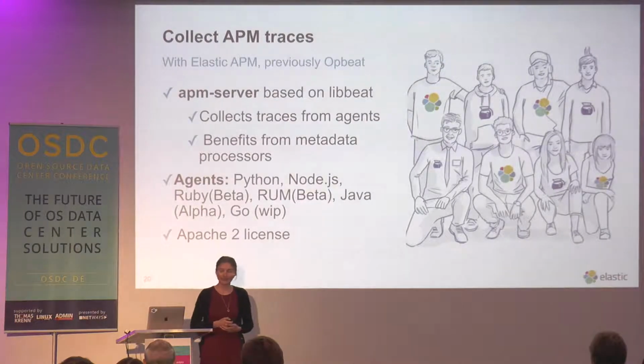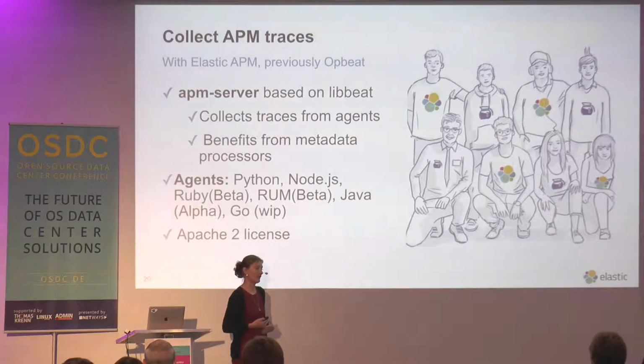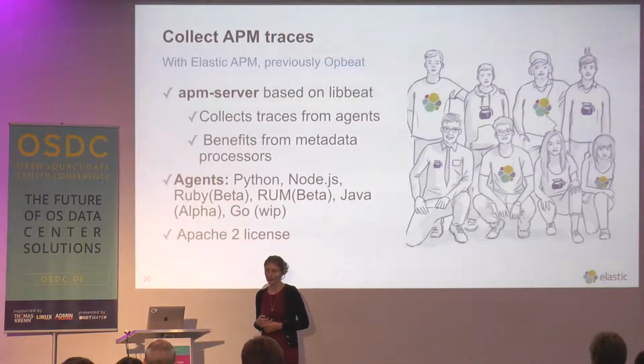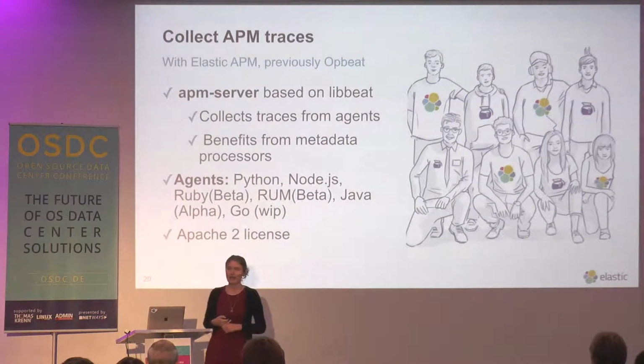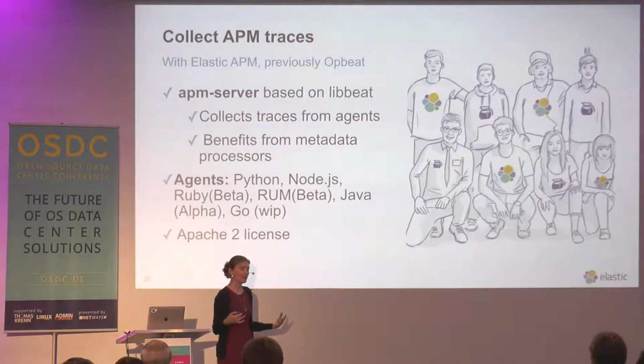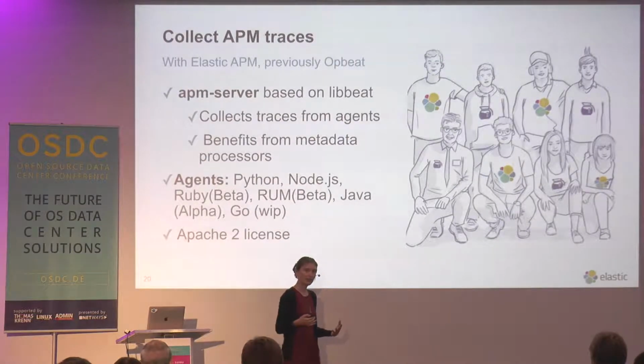The third data type is traces. This is when you instrument your application, and this is done by Elastic APM. Previously it was called Opbeat, a company that was acquired by Elastic last year. They created this APM server that collects traces from all the agents.